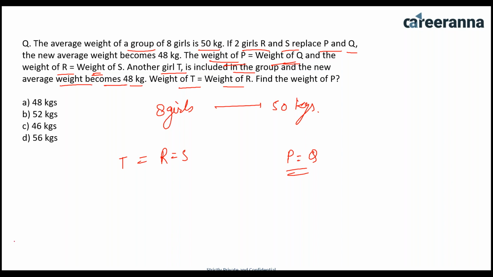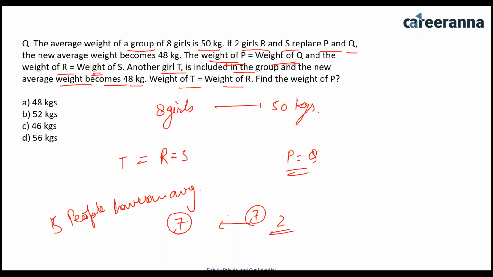Okay, guys, can you please tell me one thing? If 5 people have an average of 7, and 2 people are joining them and they have an average of 7, what will be the new average of the team?